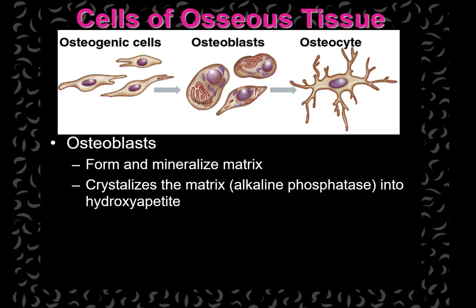They lay down the protein fibers, the collagen fibers, they put the calcium phosphate into it, and then it crystallizes to become hydroxyapatite. And it looks like alkaline phosphatase is what's responsible for that.